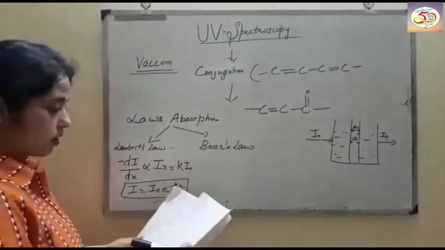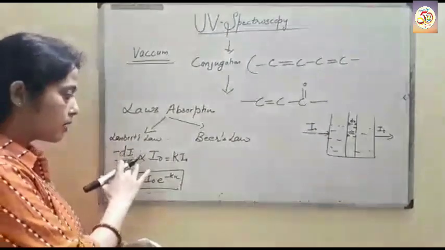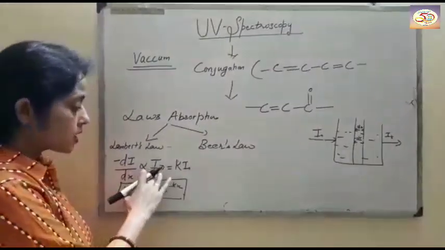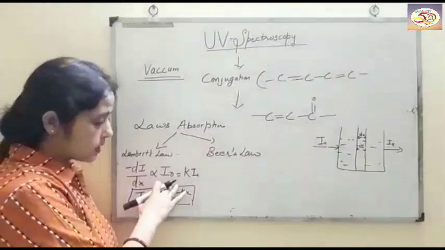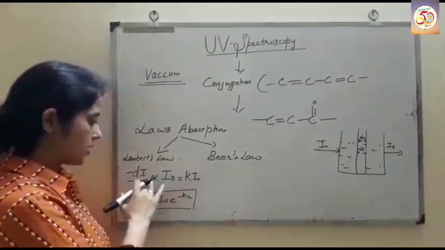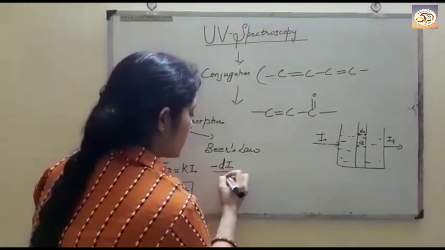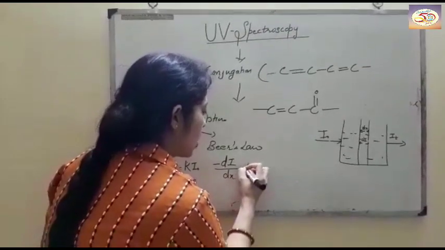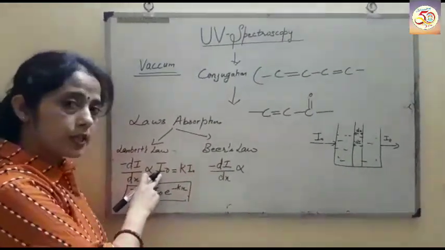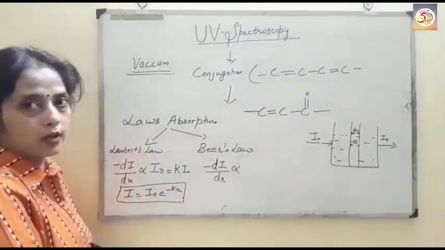Now Beer's law. What is Beer's law? Beer's law is actually based on Lambert's law. Lambert's law says that the rate of decrease of intensity with thickness of medium is proportional to the intensity of incident radiation, while Beer's law says that it is not only proportional to the intensity of the incident radiation but also depends upon the concentration of the solution.